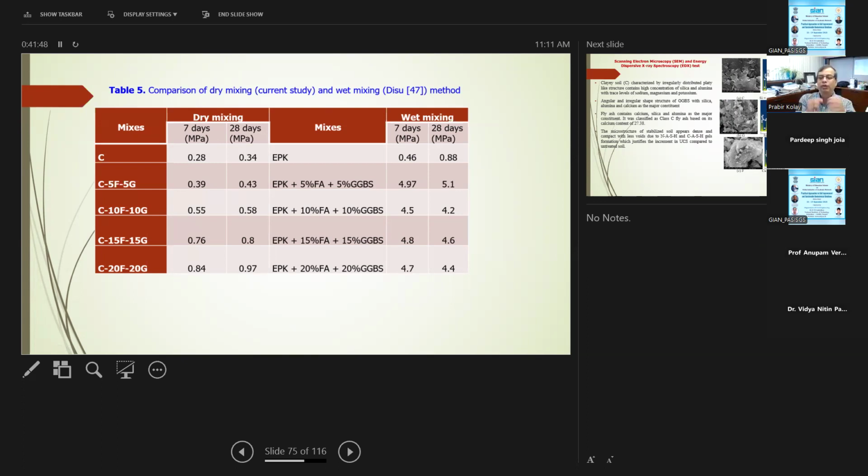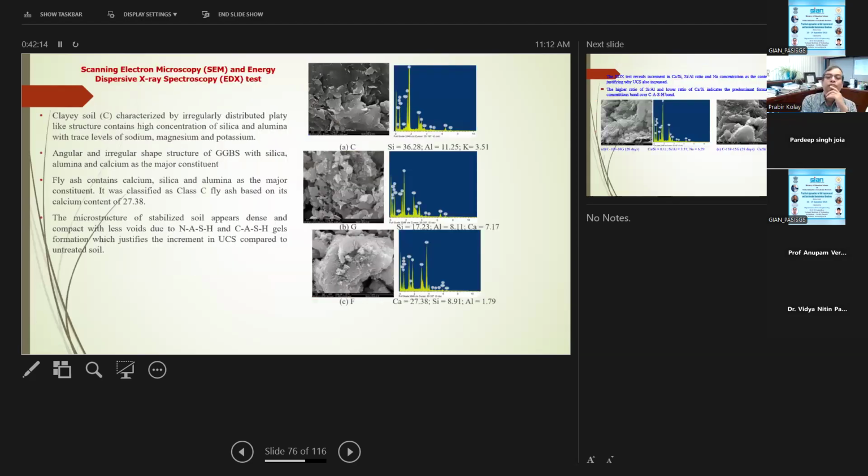Maybe here the sodium hydroxide and sodium silicate is not reacted or not mixed properly with the soil. That's the reason maybe in the dry mixing method the strength is much lower for exact same combinations of the soils. Although we compared with EPK clay, this is the normal clay, just for the comparison.